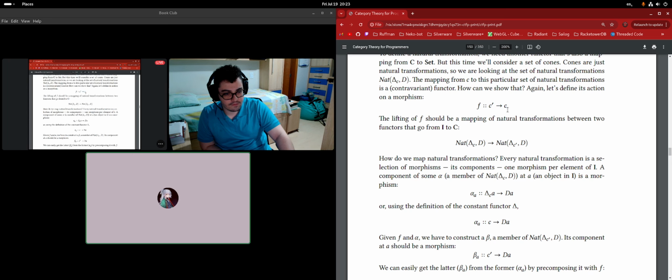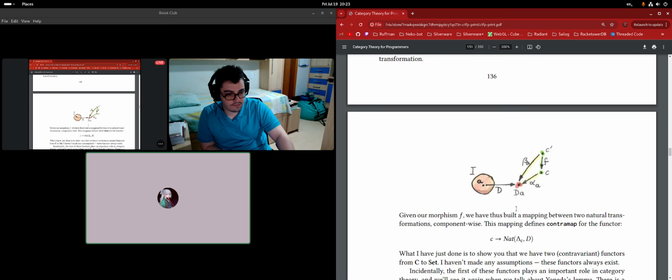If you scroll down a little bit, you can actually see that in the diagram on the next page. You see the C prime and the C are apices of cones, and here we're interested in a particular node at the base, which is called DA, and beta and alpha are natural transformations between the functor that goes from I to C and C prime, and the D that goes to the base.